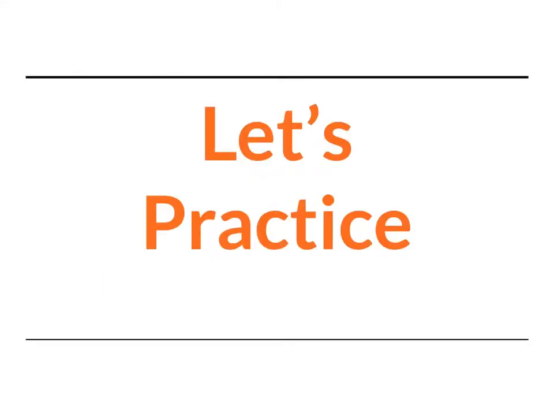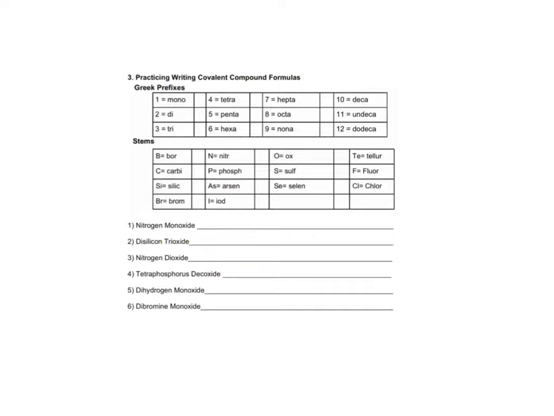Let's practice. I think we might be better at this part. All right, so we've got our Greek prefixes, we've got our stems, and we have our covalent compound names. Things we need to remember. If it's the first element, one would have mono, but that's not written there.